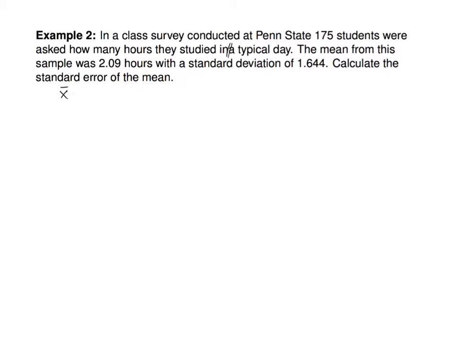So what is x bar? 2.09. And did this problem tell us the sample standard deviation? Yeah, 1.644, right? So we want to find the standard error of x bar, which is s over root n.